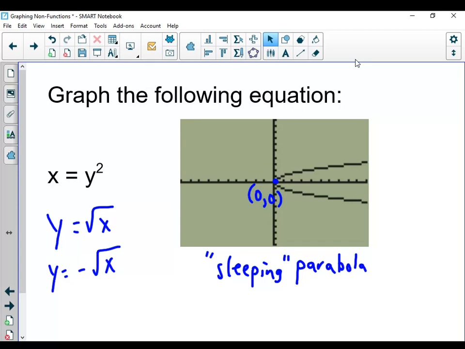Inside the parentheses, you put y minus the y value. So when you're making the changes, again, always go back to your original x equals y squared equation. X equals a y minus 3.